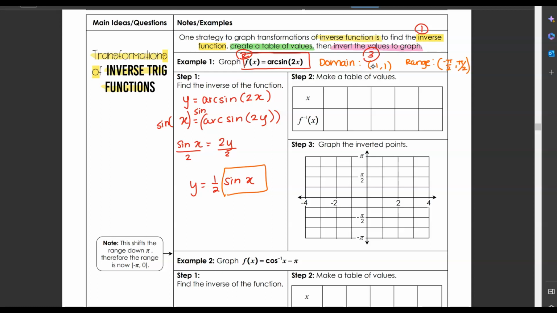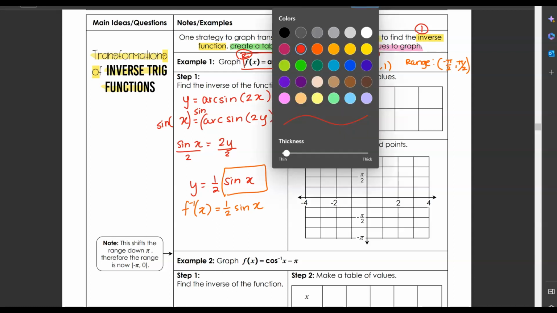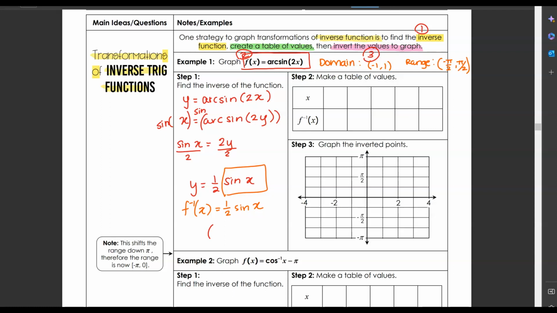So remember, because we're now looking at the inverse, and so this y is essentially the inverse of the original function, we know that this is going to be restricted to a domain of negative pi over 2 to pi over 2. So we need to keep in mind those restrictions. So this is the domain of our inverse function.